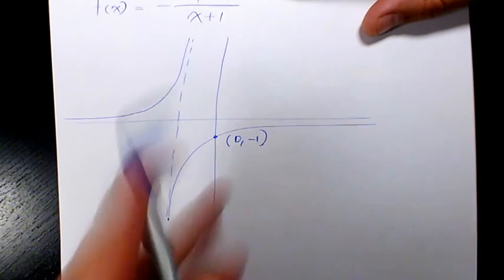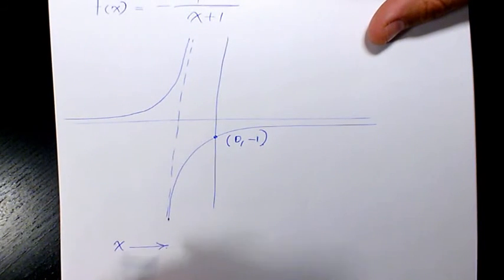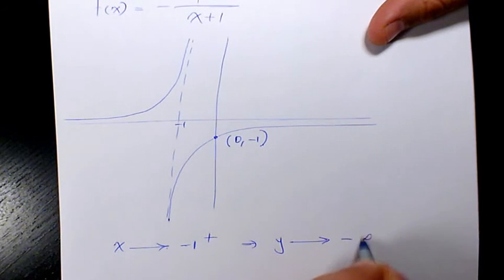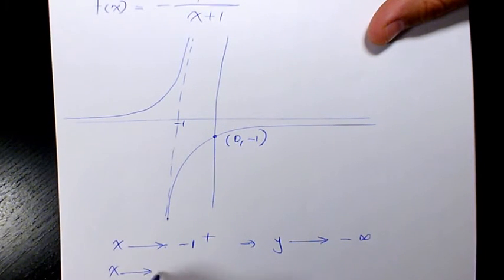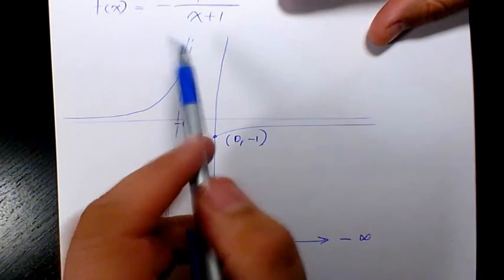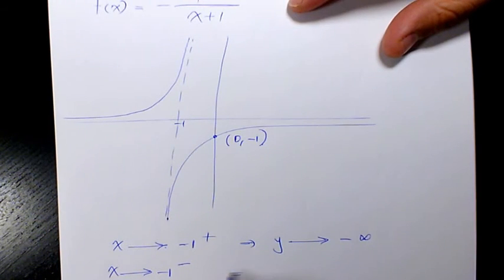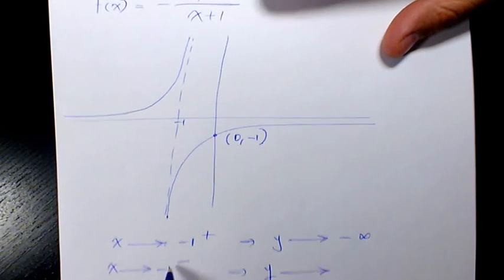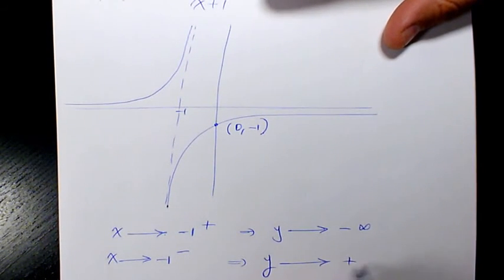Let's check the end behavior. When x approaches -1 from the right hand side, y approaches -infinity. And when x approaches -1 from the left hand side, which means just a little bit smaller than -1, y approaches positive infinity.